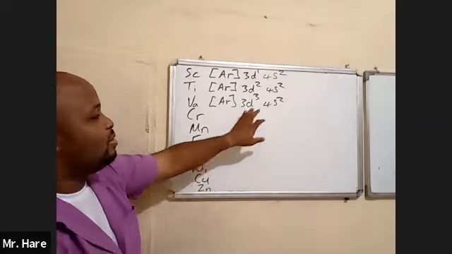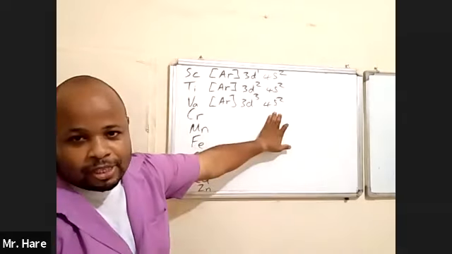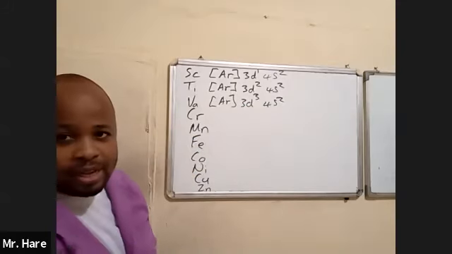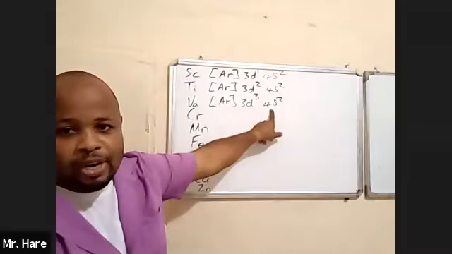Normally you fill the 4s first, but the 3d they place first. So in terms of orbitals, the 3d comes before the 4s.